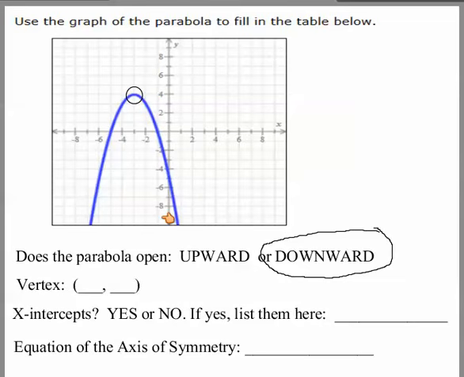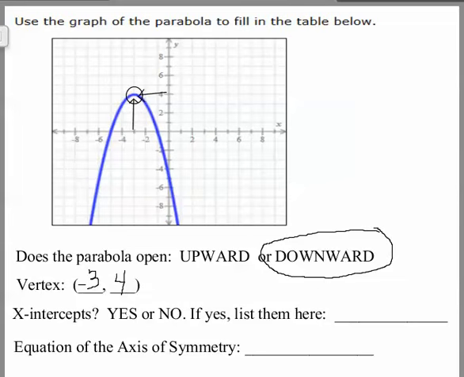So we need to find our x and our y value at this point. So here's our x, and here's our y. That wasn't a very good straight line, was it? Okay, so our vertex has an x value of -3 and a y value of 4.